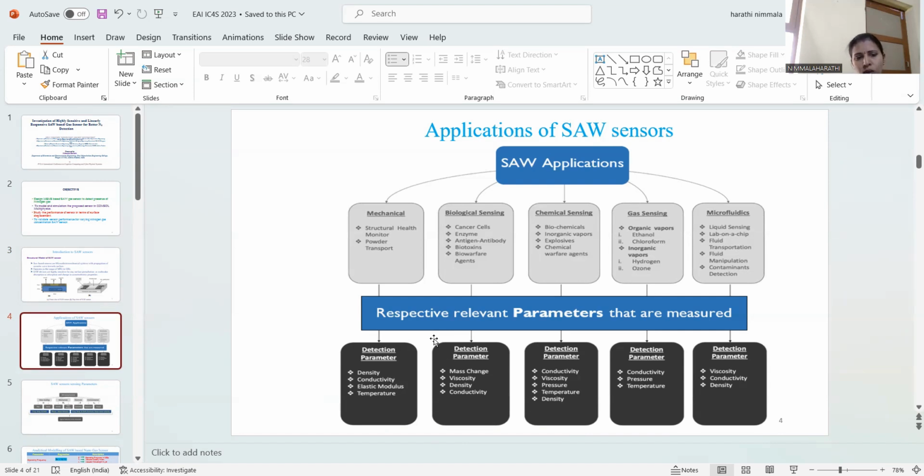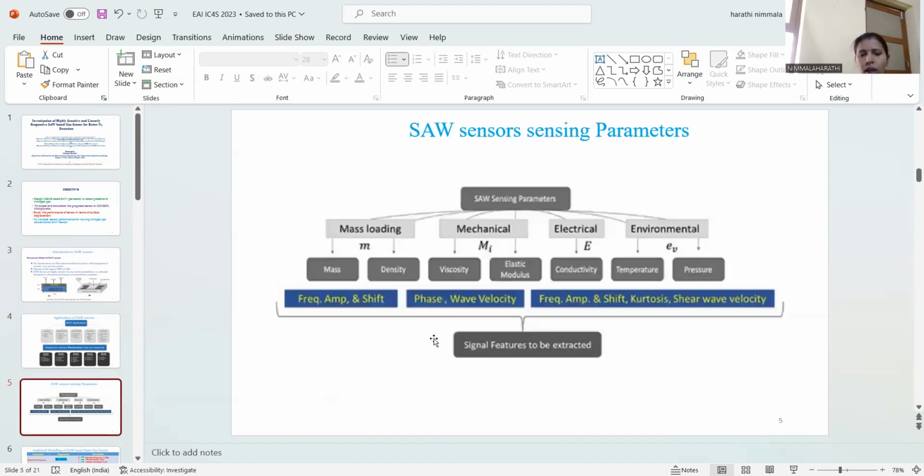The properties which undergo a change can be the mass of the sensing layer, the density of the sensing layer, the velocity of the acoustic wave, the elastic modulus of the sensor, the electric properties like conductivity of the sensor, or the temperature of the sensing layer.